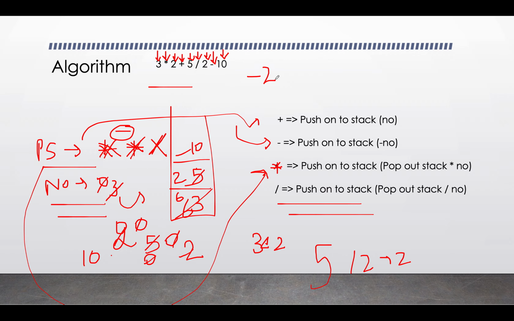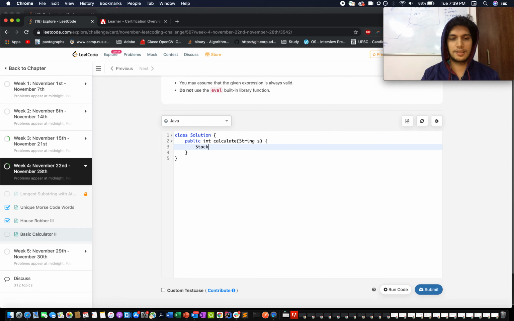Let's quickly code this up. As discussed, defining an integer stack and defining the previous operator as prev sign, that is, the default value is plus, and the number value is 0.